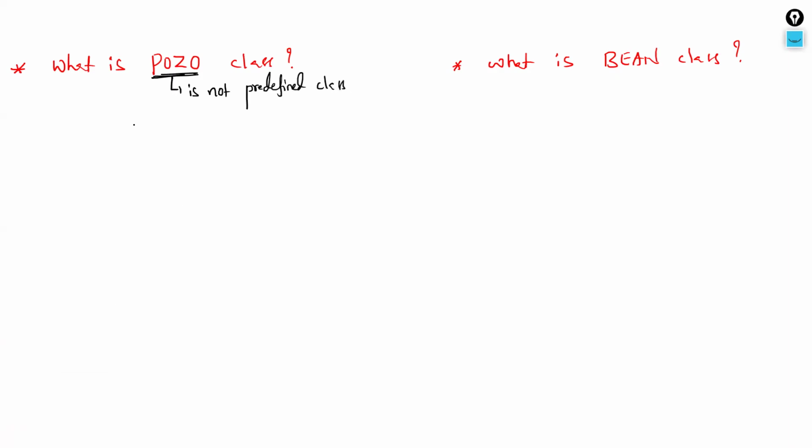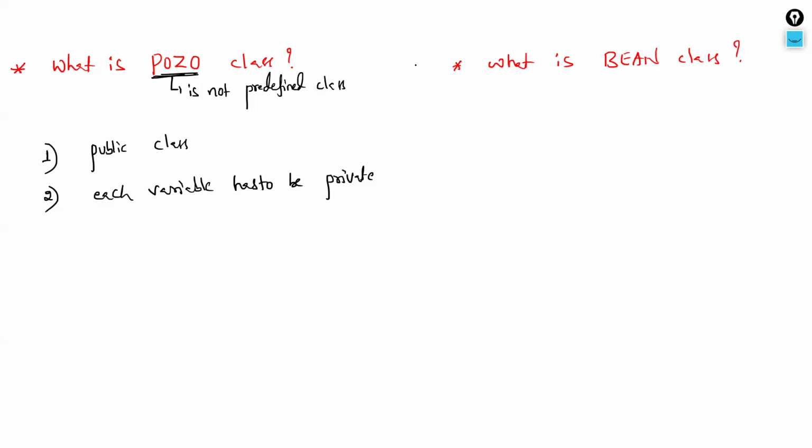So which class is called a POJO class? The first property: it has to be a public class. The access modifier of the class should be public, in the simplest meaning. The second one: each variable has to be private, meaning all variables must be private.